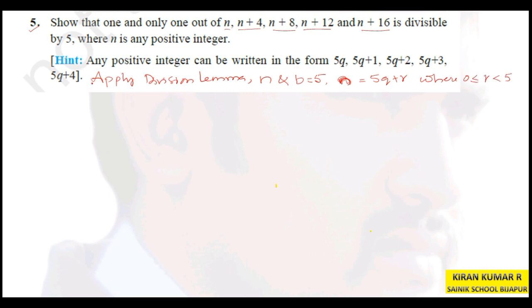That is, r can take the values 0, 1, 2, 3 and 4.